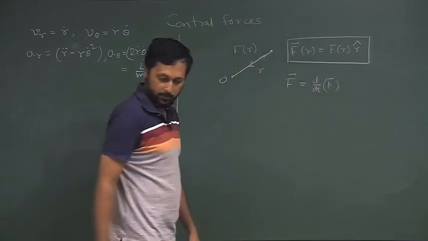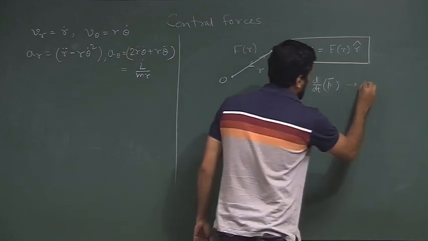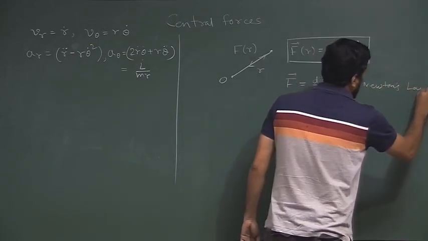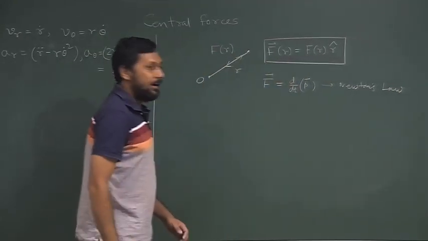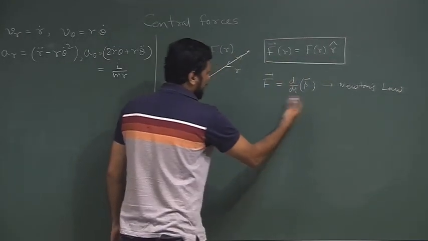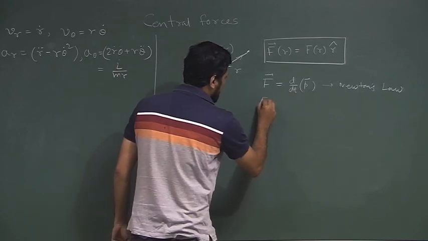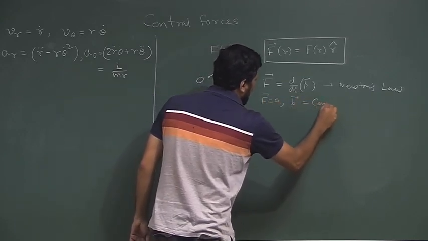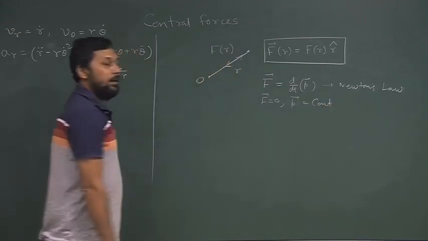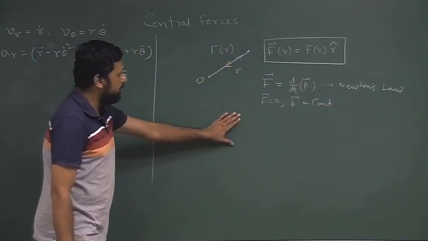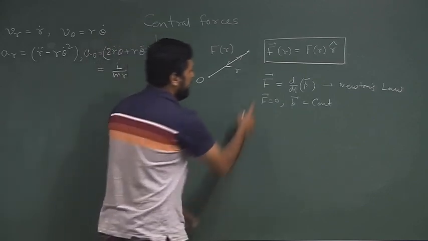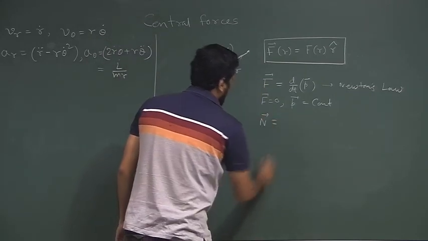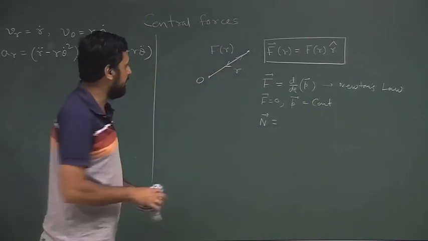So, this is from Newton's second law, and the immediate conclusion is if F is equal to 0, p is equal to constant. We can write a similar relation in terms of angular momentum. We just have to replace the left hand side with N, and let us do it systematically.